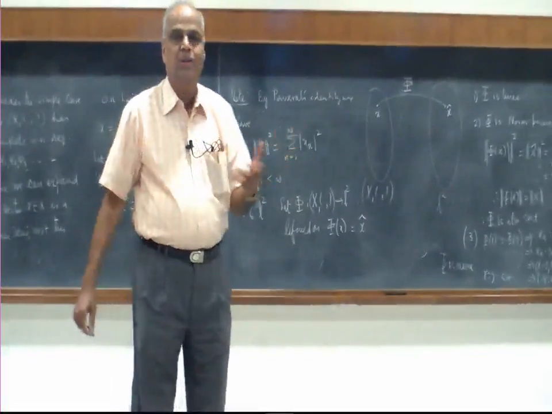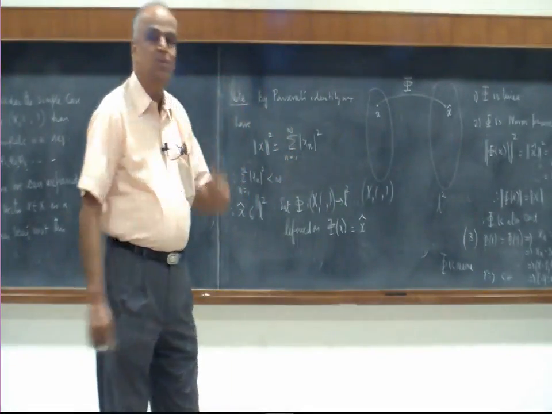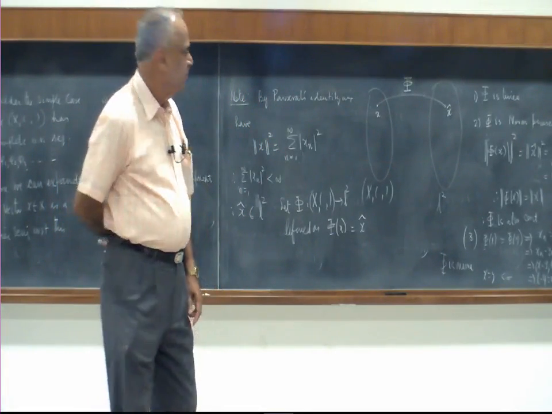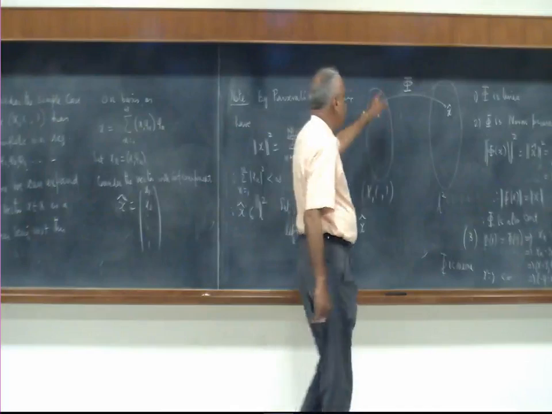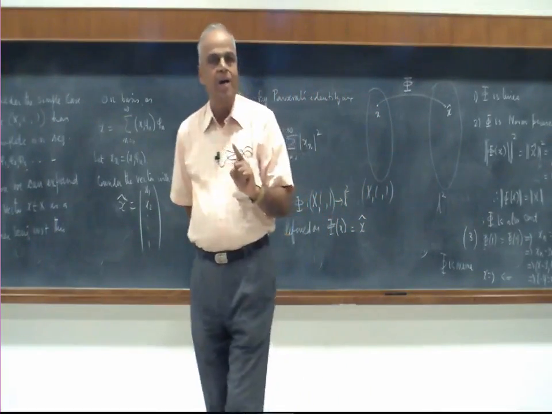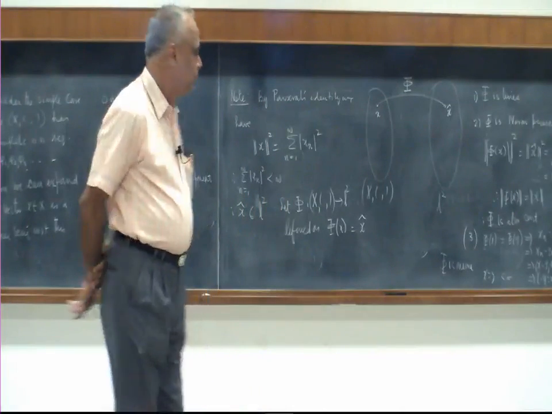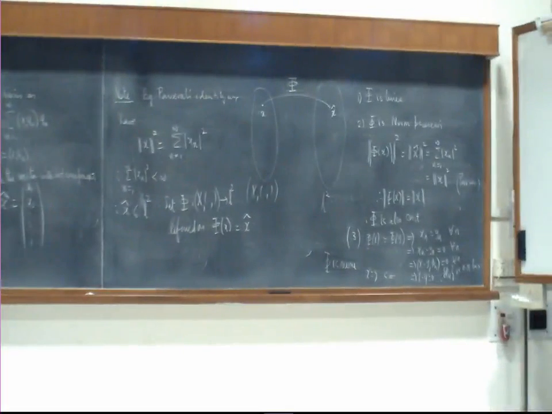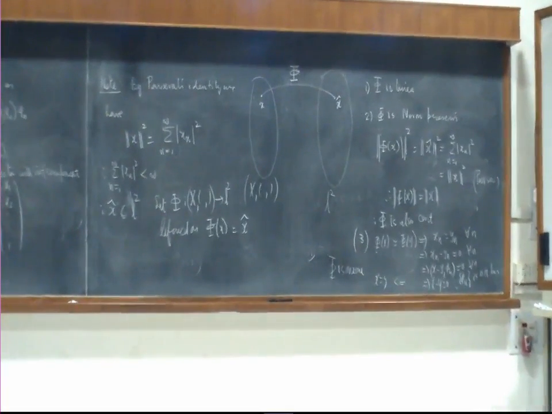So, that question does not make sense unless this is complete. And therefore, if you have a Hilbert space, if this is a complete inner product space, then you may ask, is it going to be onto? So, let us look at that question. Is phi onto?